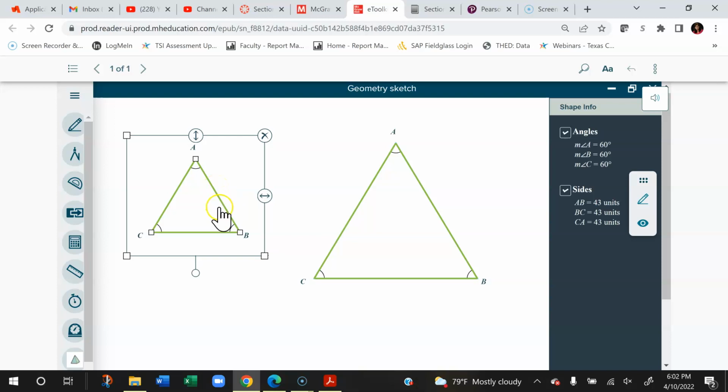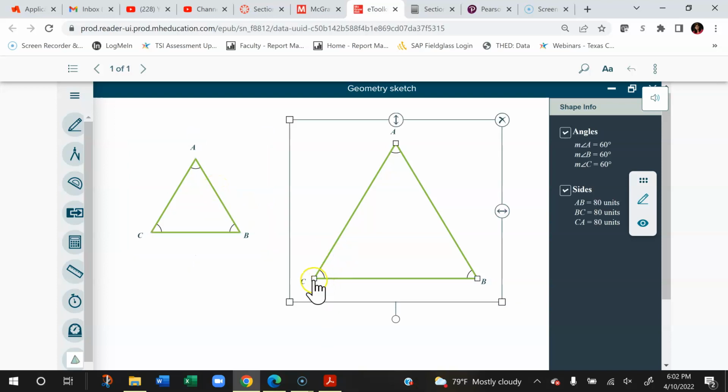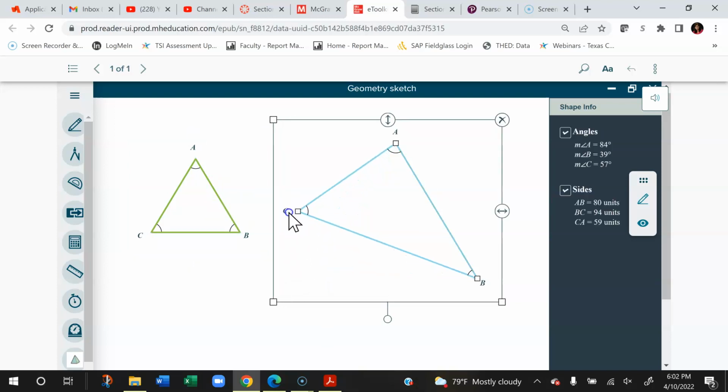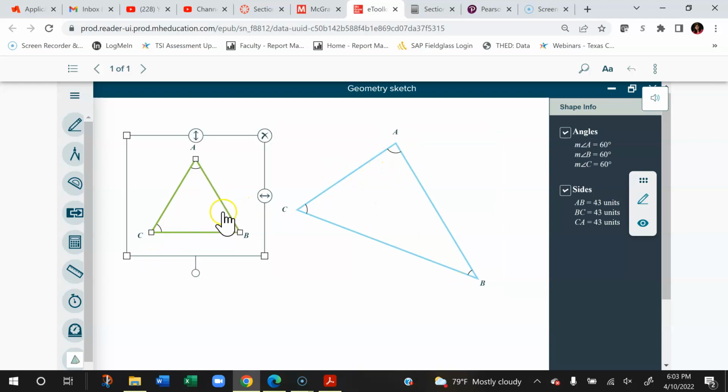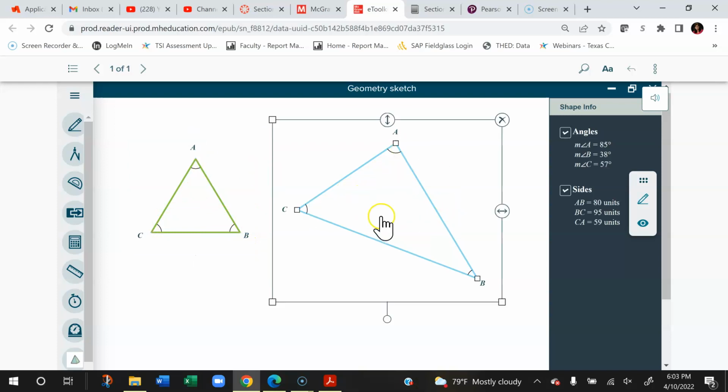And the reason why I say that is if I do this, notice these are no longer really the same shape, because this is an equilateral triangle and this is not.